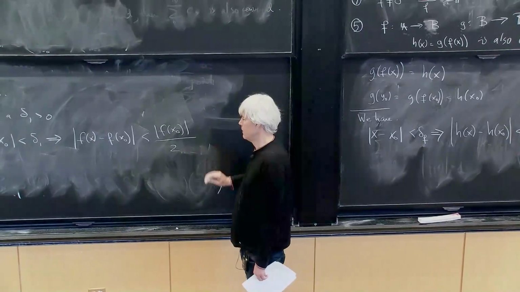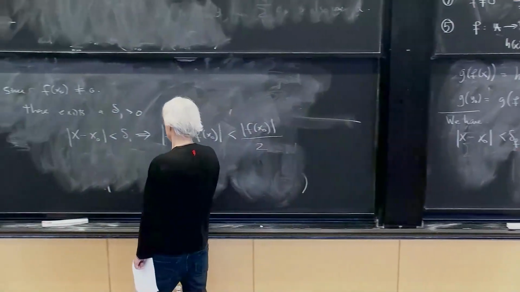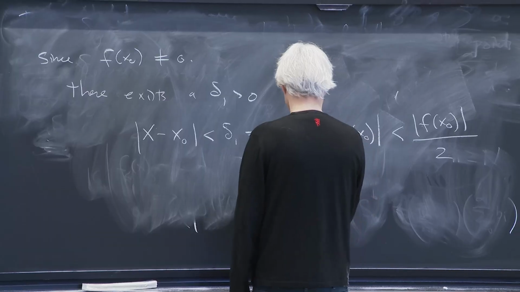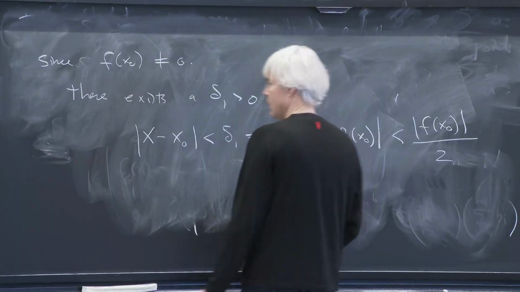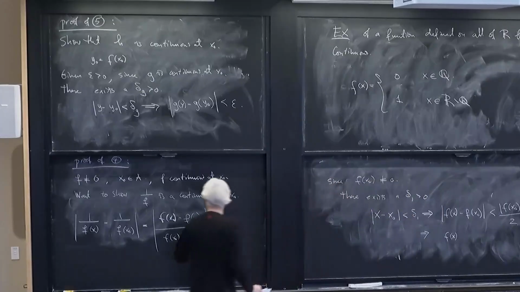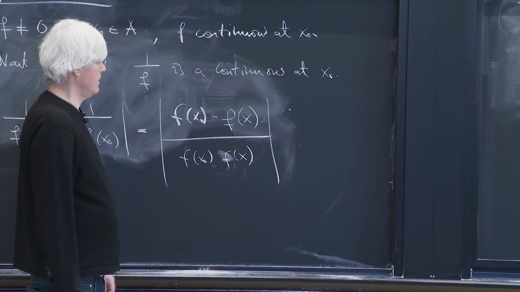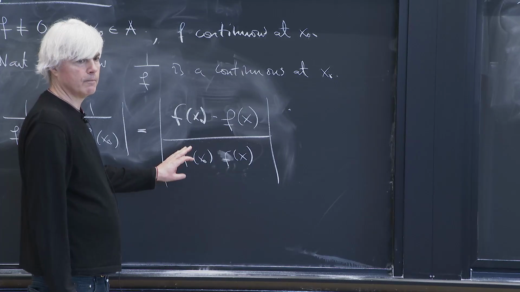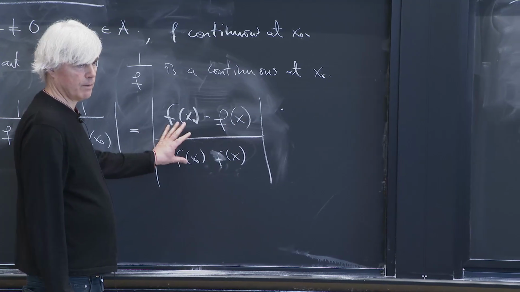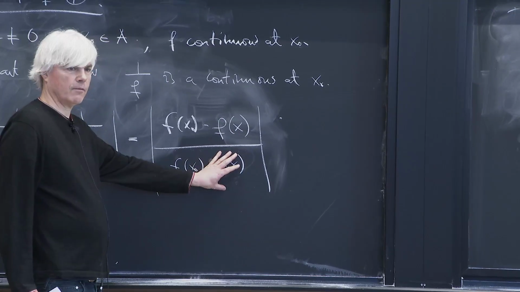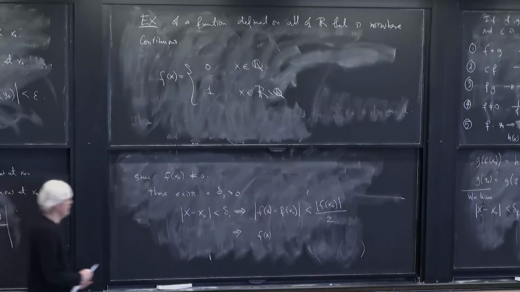Once I have that, this implies, of course, that f of x, see, I have f of x in the denominator, and I want to bound this from above, right? So I just need to get a lower bound for the absolute value of f of x.